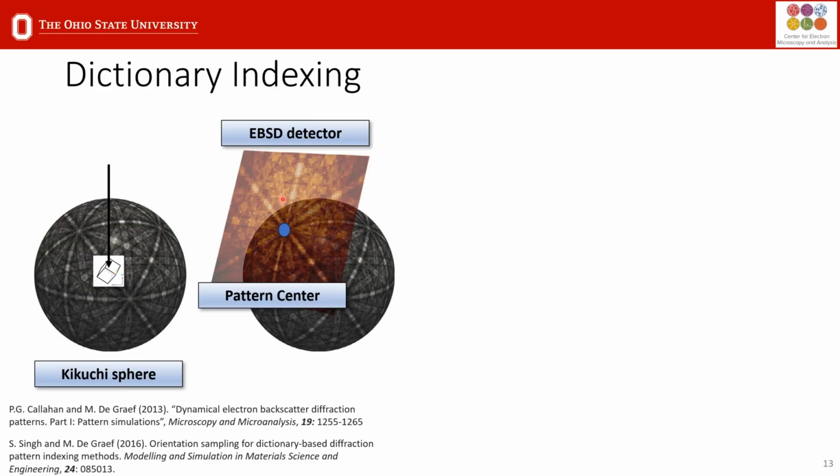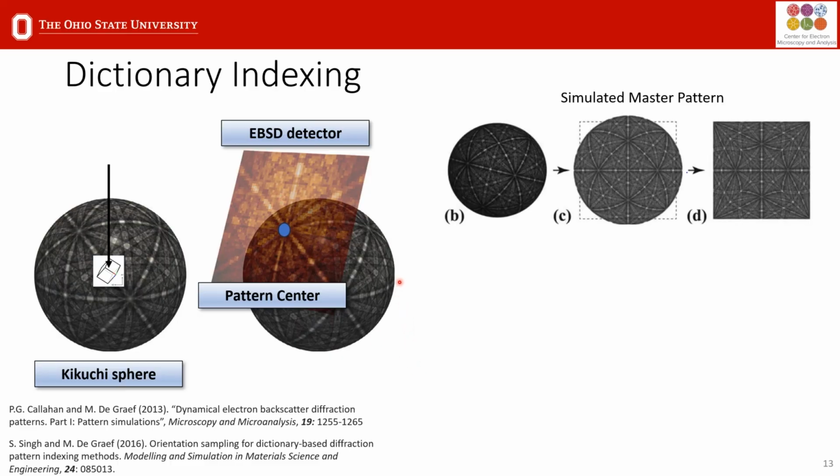Now, in order to simulate, we need a model that will simulate the diffraction from this crystal. And the model that's used, it's explained in this paper here at the bottom, but essentially it takes two components.